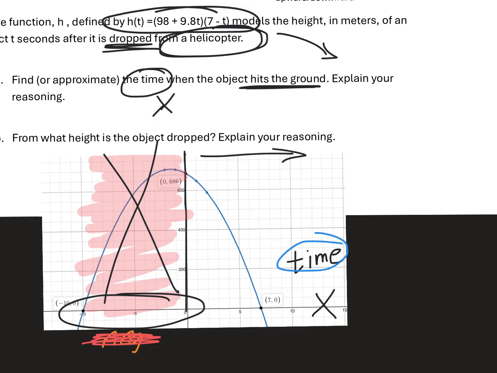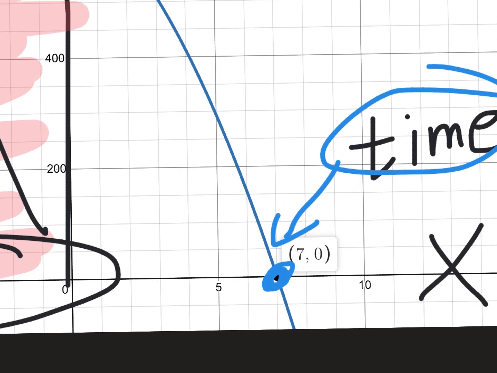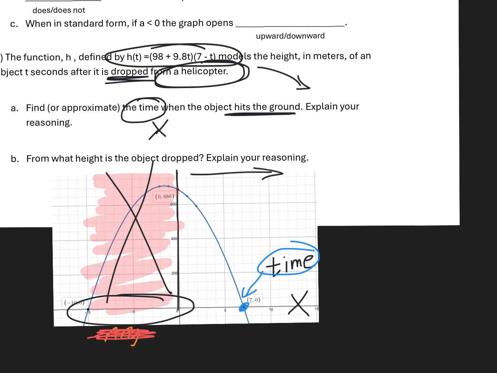So the time on the positive side, where it hits the ground, if I zoom in right here, I see that my x-coordinate is 7. So that means that it hit the ground after 7 seconds, because our problem does say it's being measured in seconds.